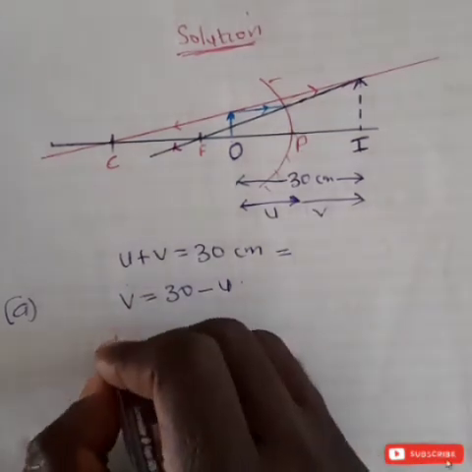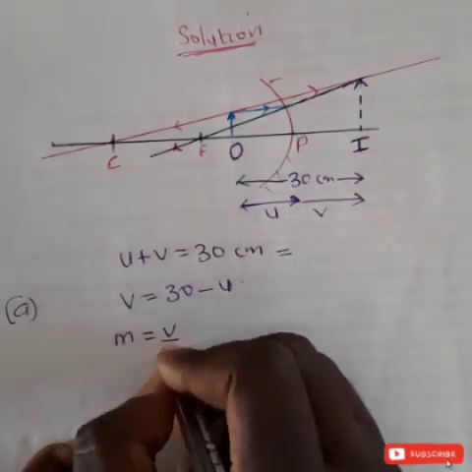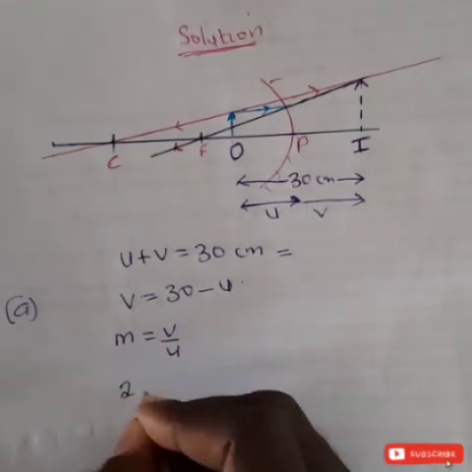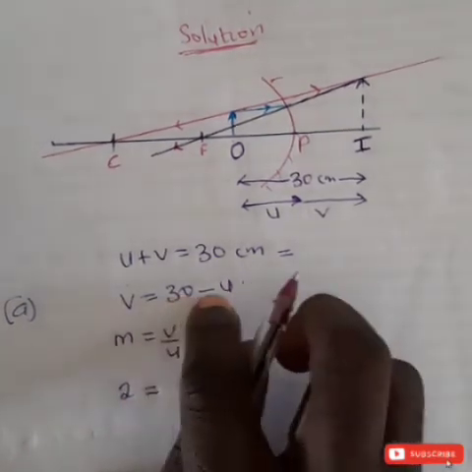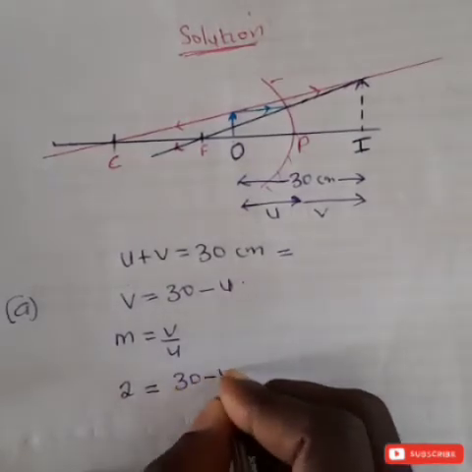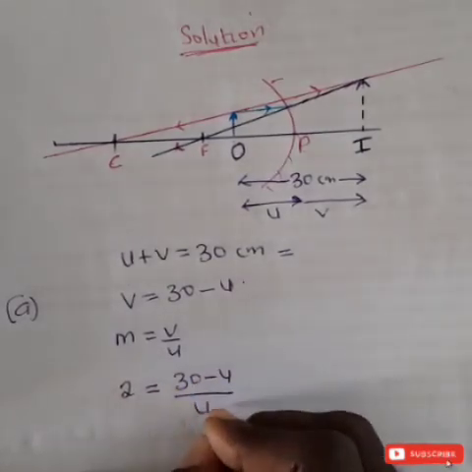So the magnification m equals V over U. Since the image is twice as tall, it means that 2 equals the image distance, that's 30 minus U, divided by U.